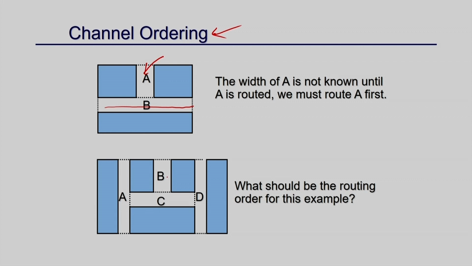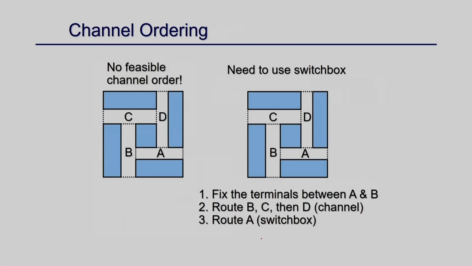If you try to do B, then you have to do C. If you have to do C, then A, and something like this. Then it will be a circular dependency, and you cannot have a specific order. So sometimes you need a switch box. Why do you need a switch box? You can define some portion of the circuit as a switch box, so that you can reduce the dependency and make a channel order.